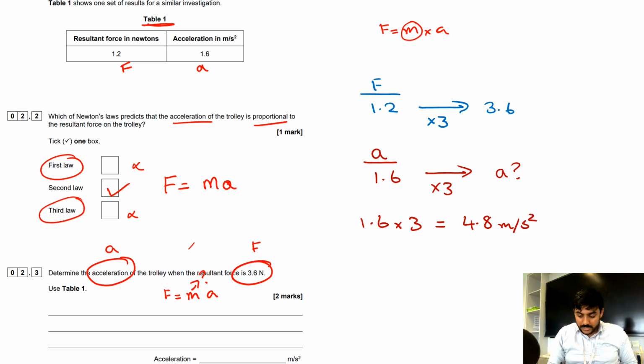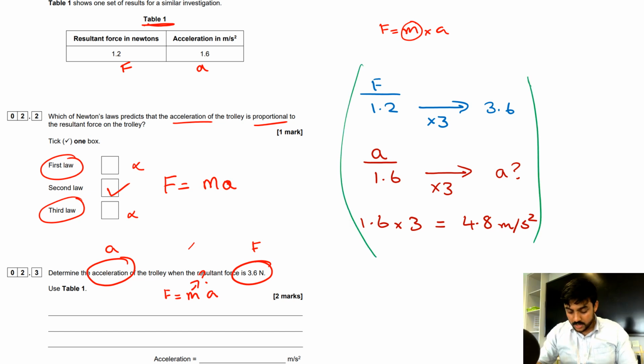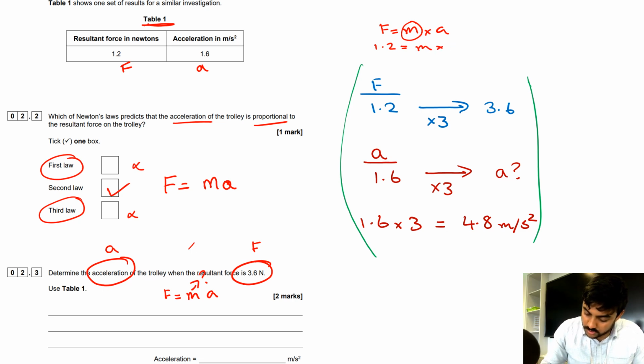The other way of doing it, and by the way, everything in the green brackets has to be included for those workings out. The other way of doing it is what we mentioned before. We could find the mass of it. We could say that 1.2 is equal to mass times acceleration, which is 1.6, of course.